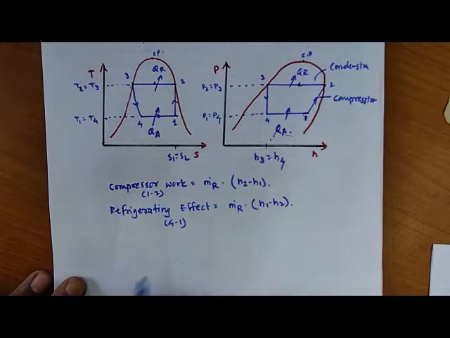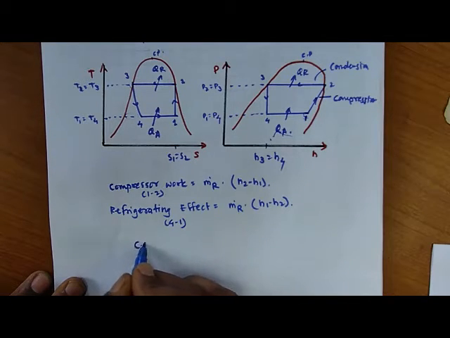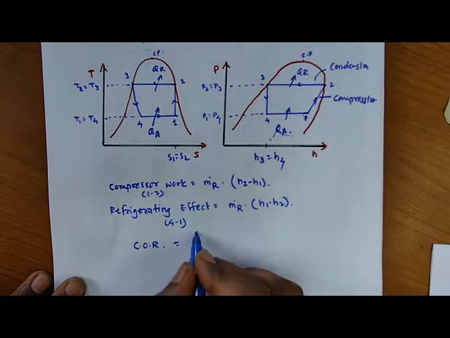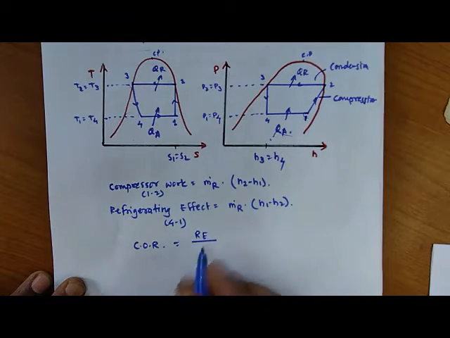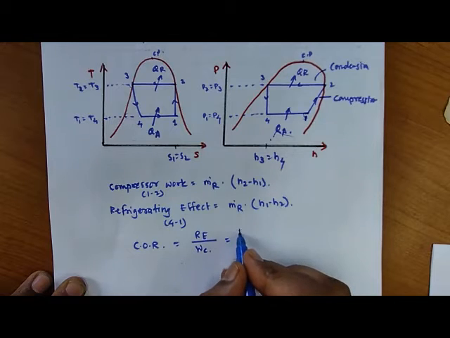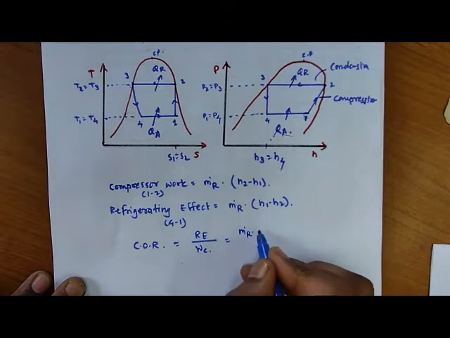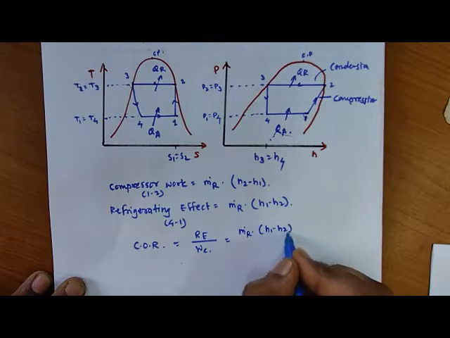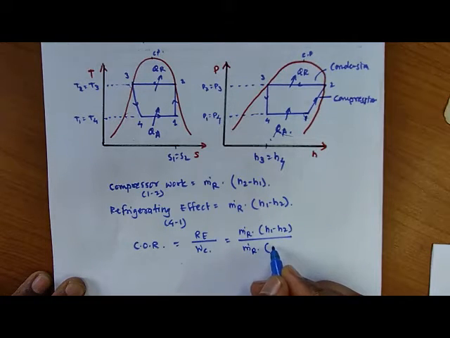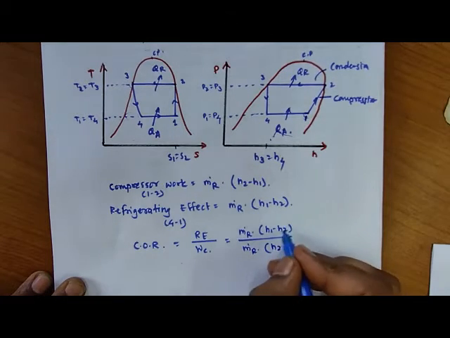Okay. Now here COP, coefficient of performance of this refrigerator, we know is refrigerating effect divided by compressor work. So this is equal to m dot r (H1 minus H4) divided by m dot r (H2 minus H1).